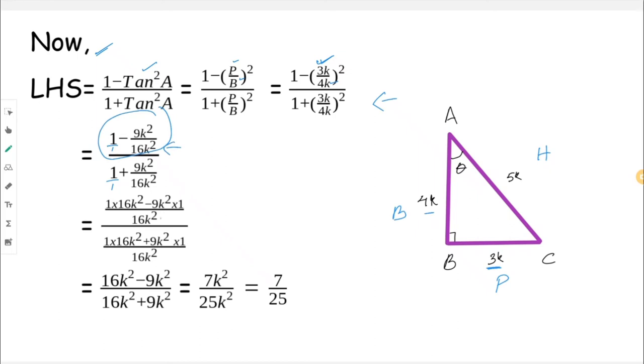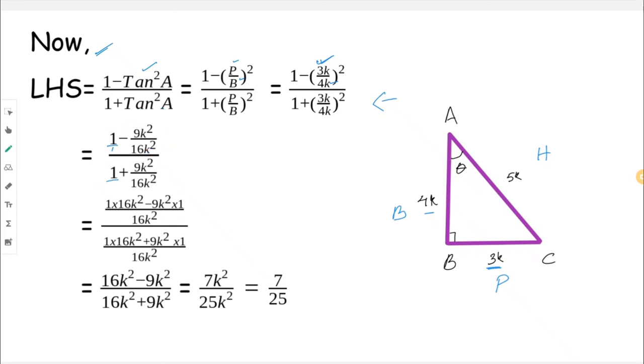What is my first numerator? 1, and 1 how many times is 16k square? 16k square. Next, my numerator is 9k square, and 16k square goes into it 1 time.